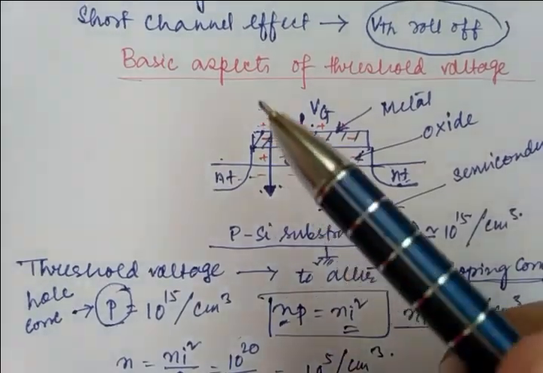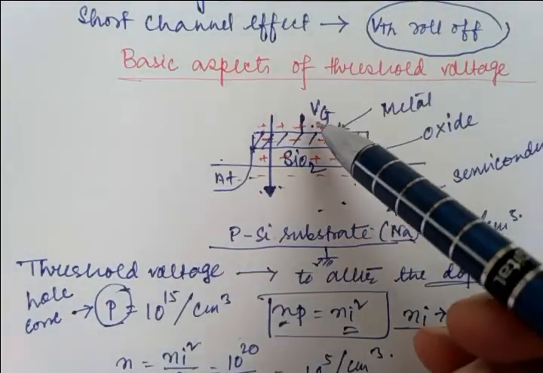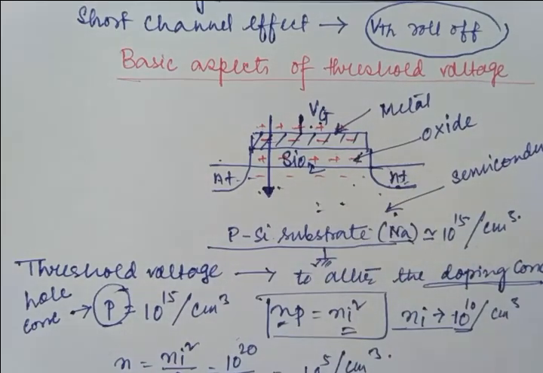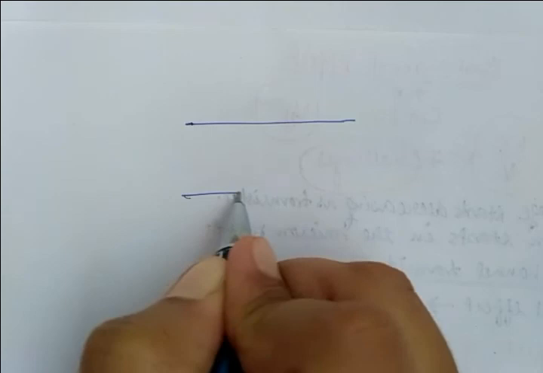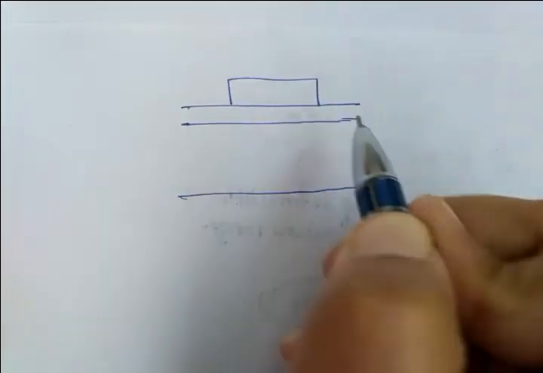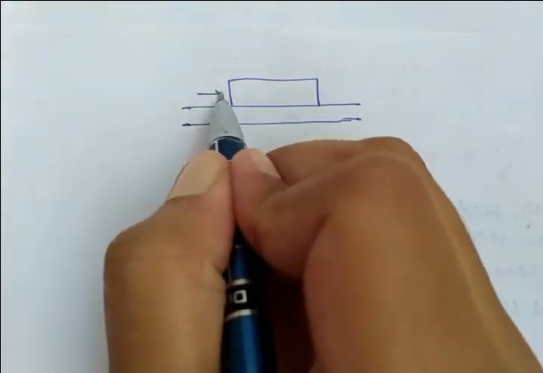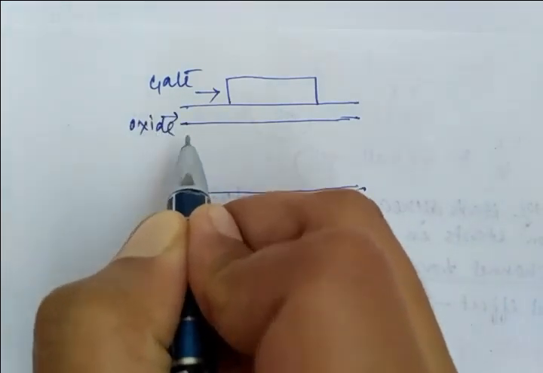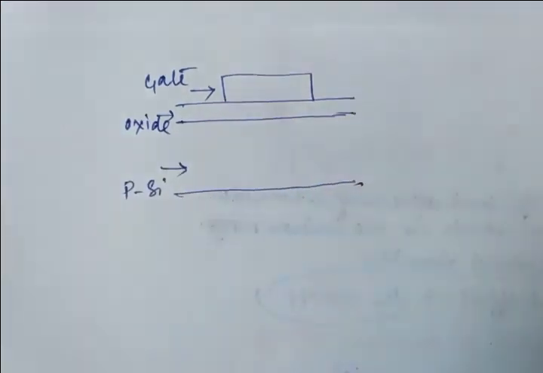It will look like this one. This is your gate, this is your oxide, and this is your p-type silicon.